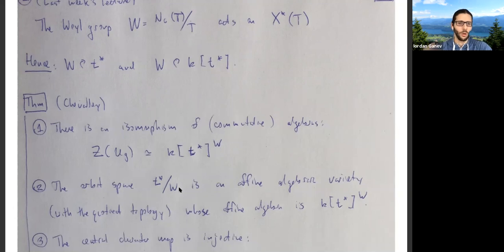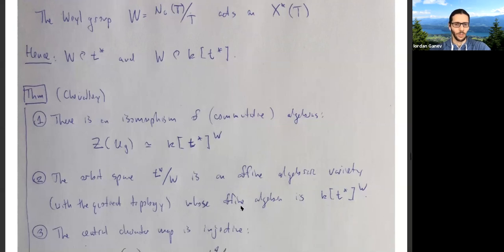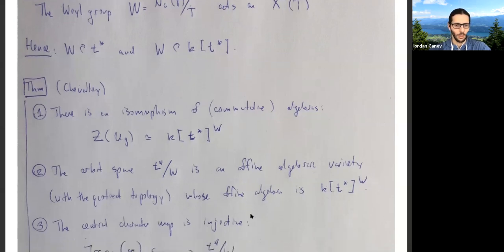So we have the W orbits on the dual of the Lie algebra of T, and the orbit space is itself an affine algebraic variety, and the affine algebra of that orbit space is exactly the invariants. That's something special that happens when we have these reflection groups acting in a nice way on these vector spaces. I'll say something more about this in the remarks below.